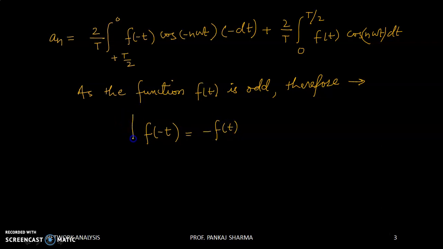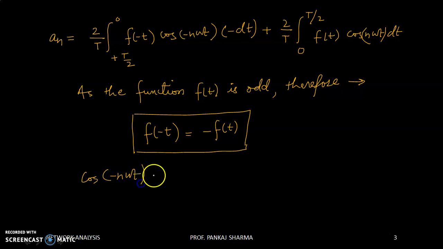This is known to us as f of t is our odd function. Similarly, we know also that cos of minus n omega t is equal to cos of n omega t.